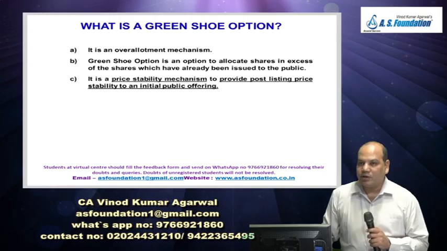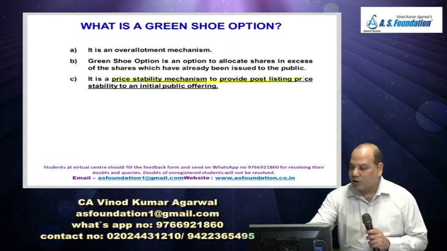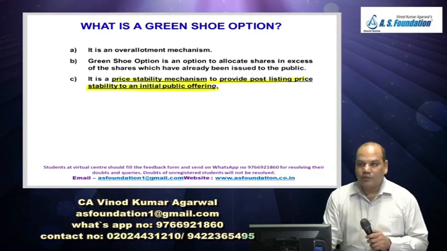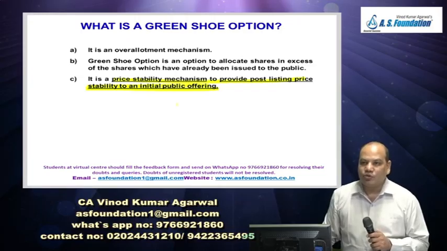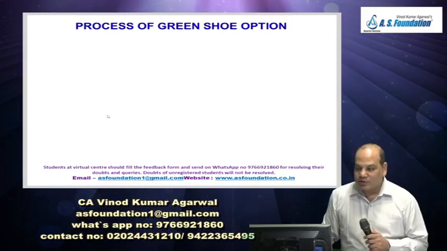Price stability mechanism, to provide post-listing price stability of an initial public offering, because it has been observed that prices can be very volatile, as either there can be too much of demand or too much of supply pressure after the listing. To create the confidence of the investor, to maintain the reputation of the company, this mechanism is used, because if the price falls, the reputation of the company is at stake.